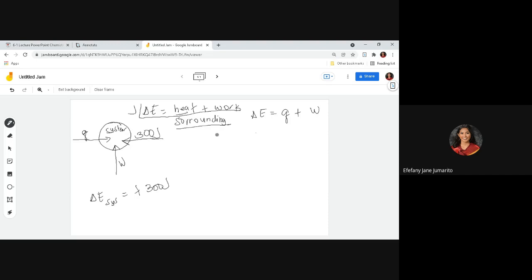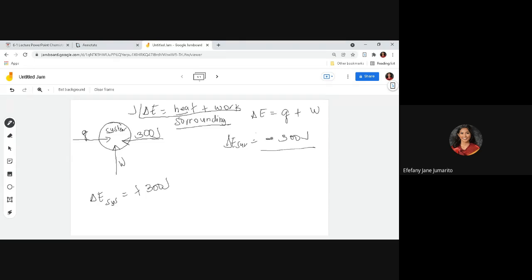Now, what will happen to the surrounding? It loses. The surrounding will decrease by 300 joules. Whenever the system gains, the surrounding loses. It's like money: for one person to gain money, he has to sell, and the buyer of the product loses money while the seller gains.